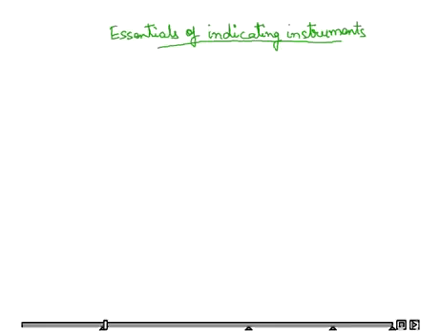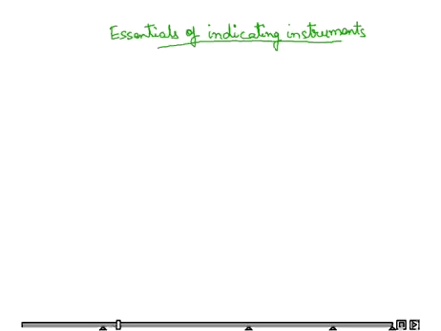Let's see the details of indicating instruments. First, we already know what indicating instruments are. It measures the quantity by indicating and deflecting the pointer. So, indicating instruments consist of a pointer moving over a calibrated scale and attached to a moving system pivoted on jeweled bearing.